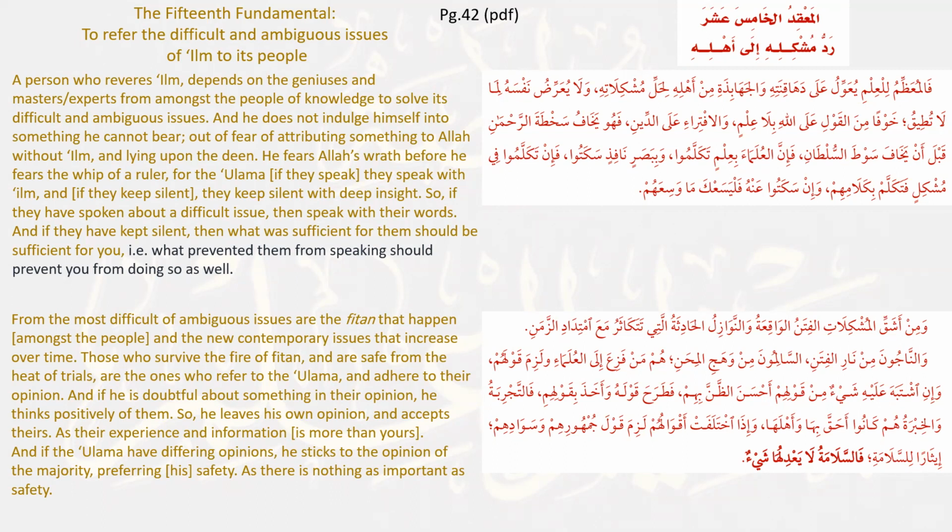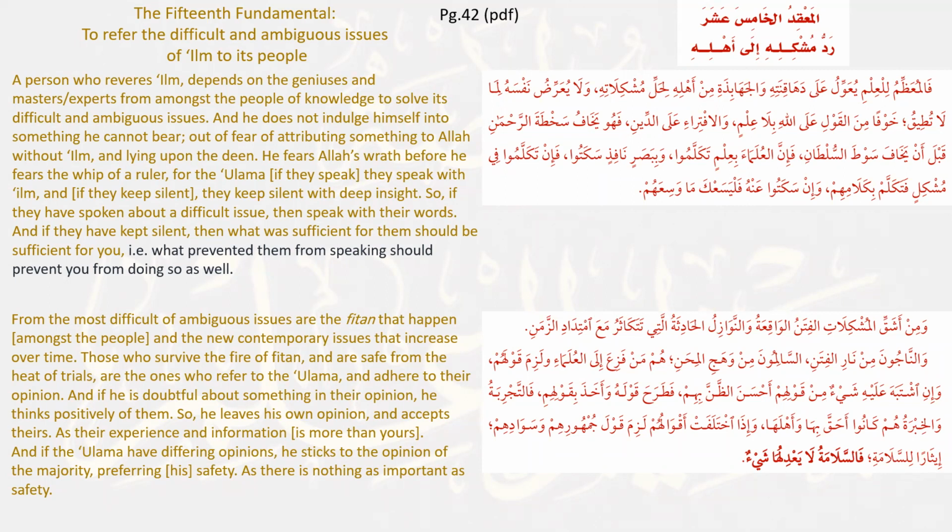Now, وَالنَّاجُونَ مِنْ نَارِ الْفِتَنِ, those who are safe. Najun is the jam' of naji, and naji is the one who has attained najah or najat. Najah means to escape from something. So najun is the plural of naji, the one who naja yanju najatan, the one who has escaped. وَالنَّاجُونَ مِنْ نَارِ الْفِتَنِ, from the fire of fitan, of tribulations. السَّالِمُونَ مِنْ وَهَجِ الْمِحَنِ, and the ones who are safe from the heat of mihan.